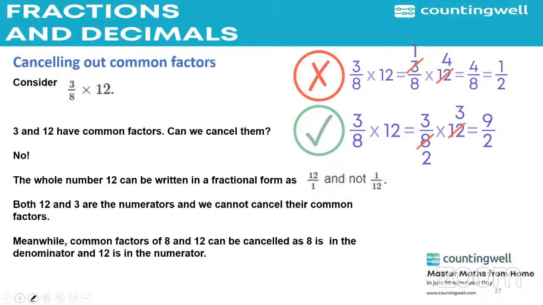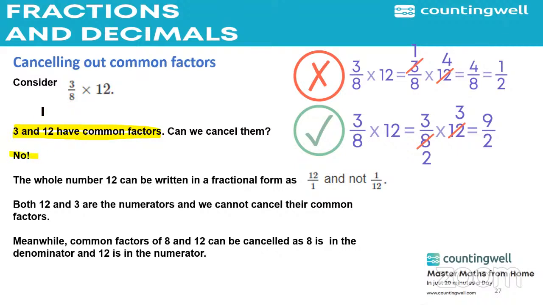Let us see the common mistakes students make while cancelling out common factors. Common factors for 3 and 12 have to be found instead of common factors of 8 and 12. Have I told it correctly?